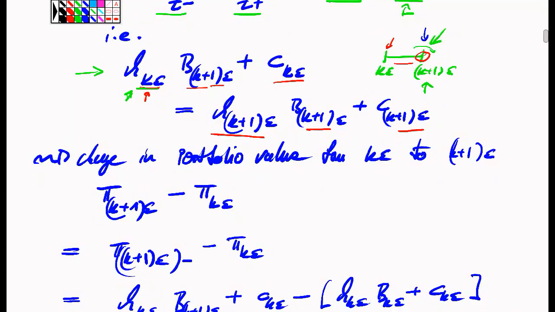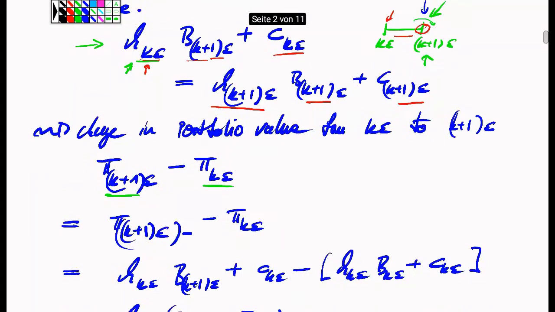Okay, and then we can ask ourselves, what's the actual change in portfolio value when we evaluate at two really subsequent intermediate points? So we ask, what's the portfolio value at two subsequent time points? What's the actual change in portfolio value?